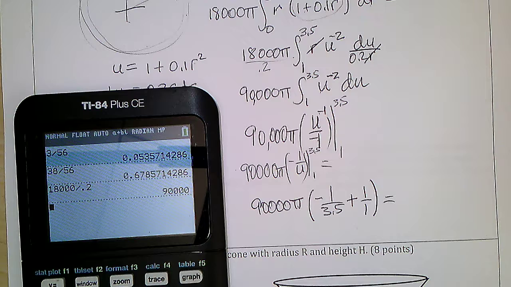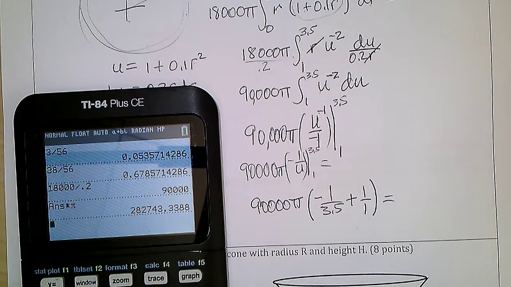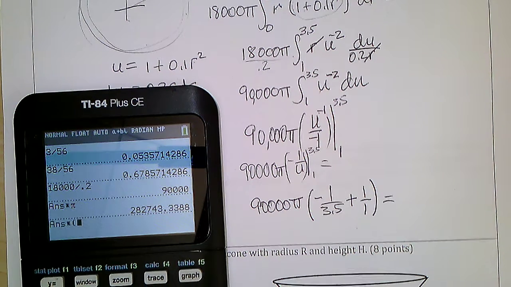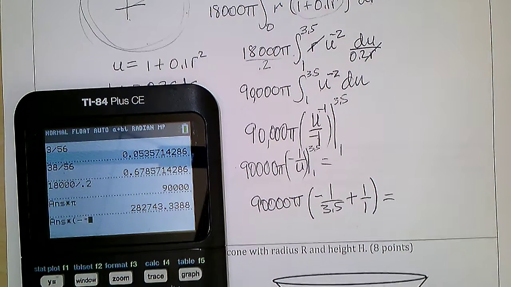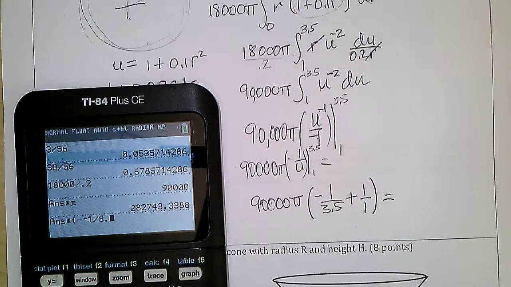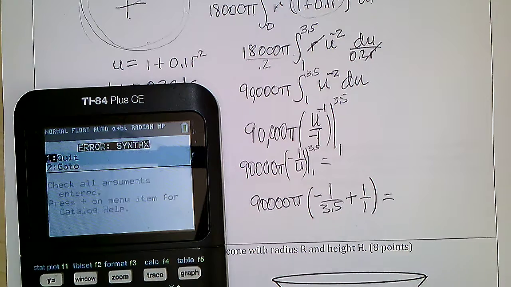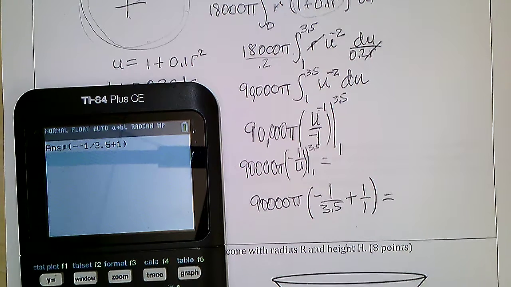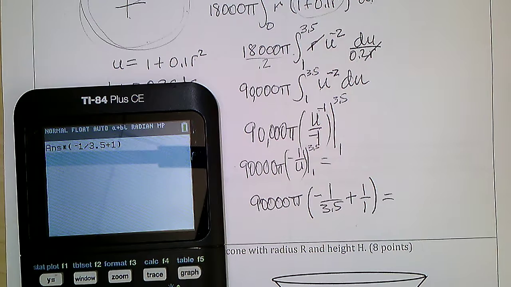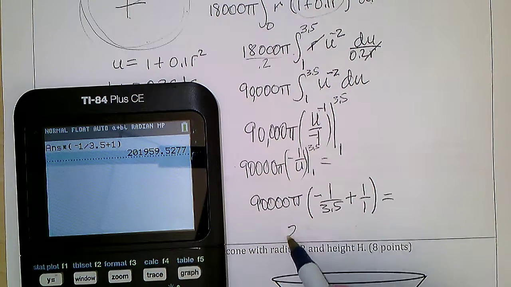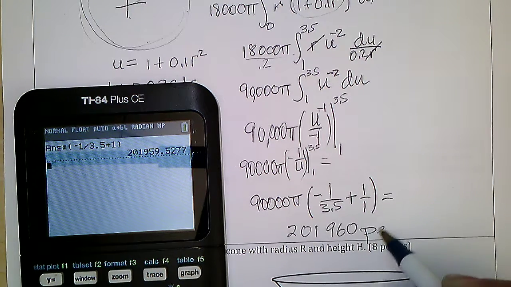Let's just do it. Minus 1 divided by 3.5 plus 1. What did I do wrong here? Oh, didn't get rid of that. Minus 1 divided by 3.5. Yeah, there we go. 201,960 people.